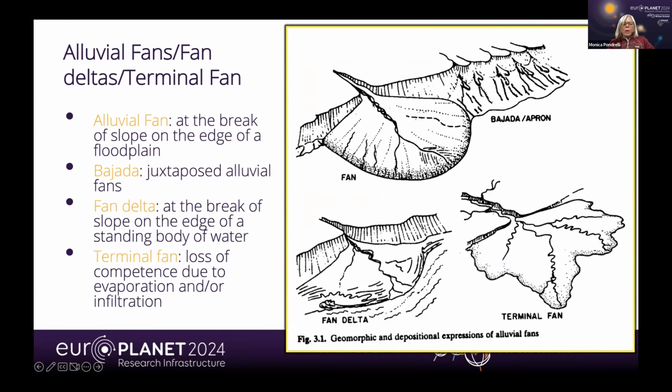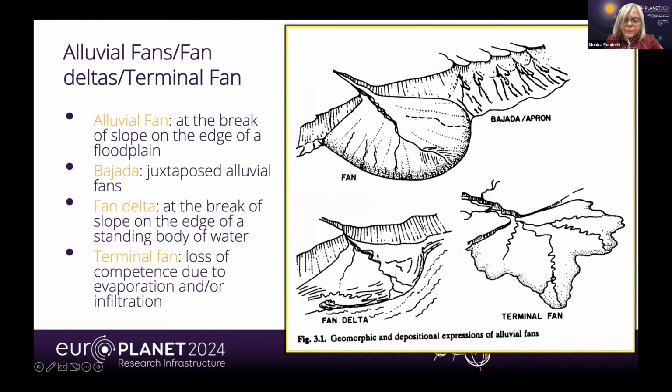When the break of slope does not occur in a floodplain, but in a standing body of water, we have a fan delta. So river channel, bedrock channel. Bedrock channel means that it is cutting rocks. It is not leaving sediment, it's just cutting rocks.